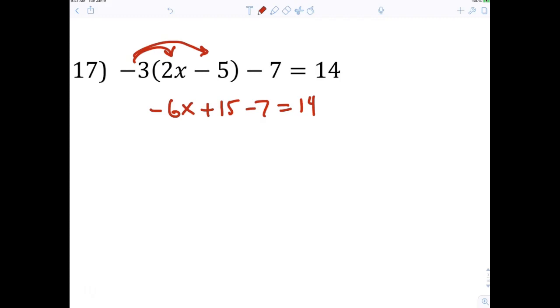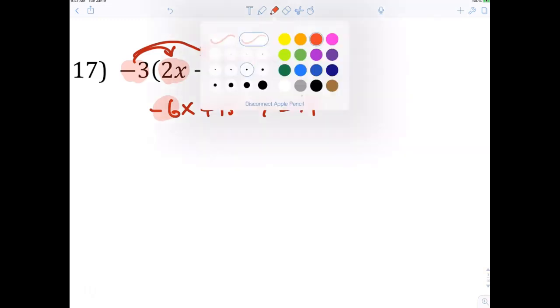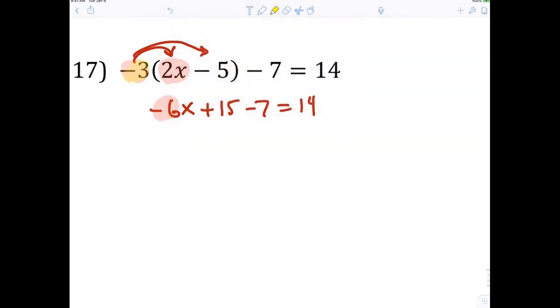Anybody have any issues with that? Yes. Why did you change this? What did I change? It was minus -3 times a positive 2 is -6. And then we say -3 times -5 is positive 15.